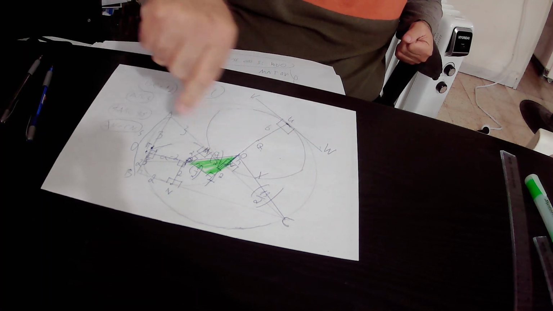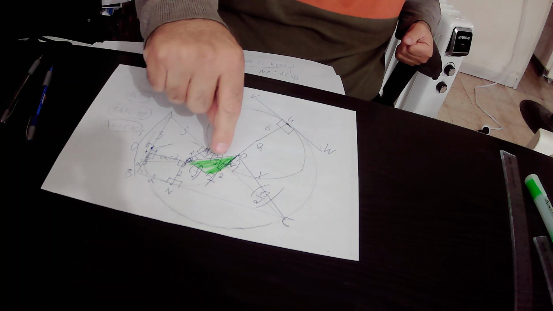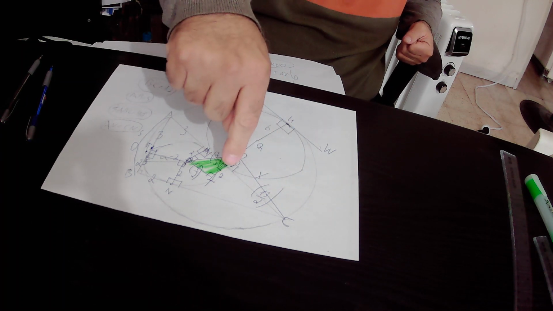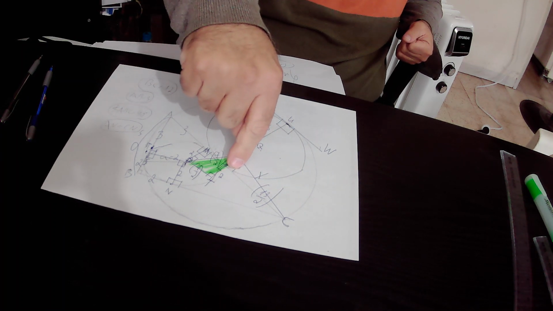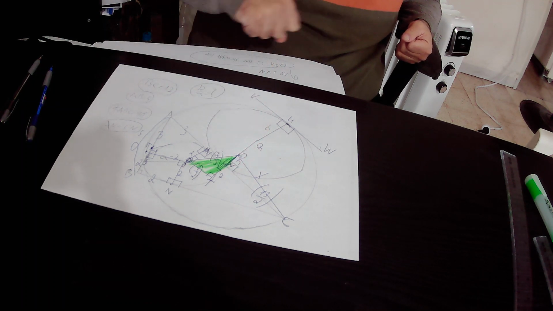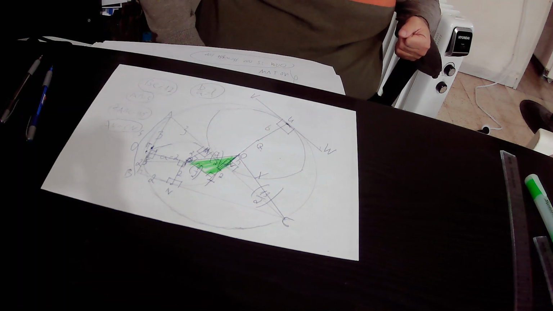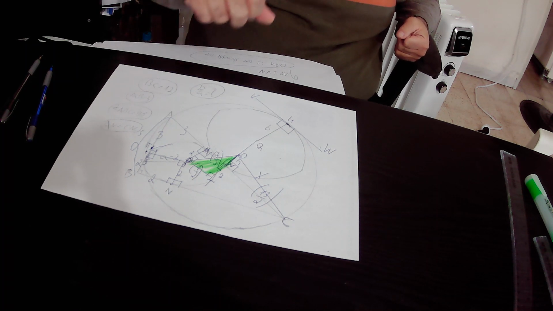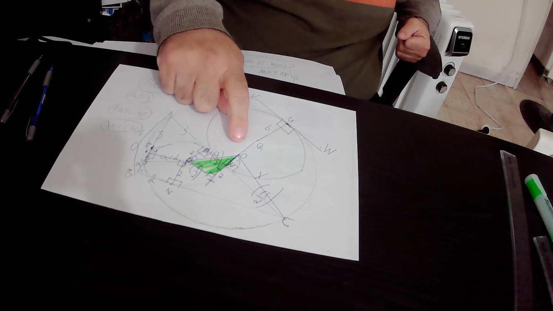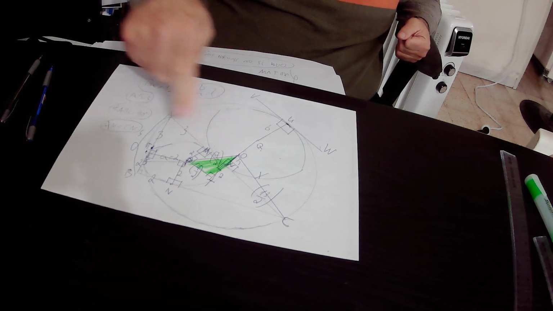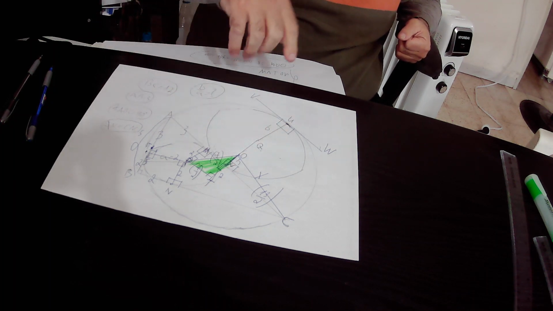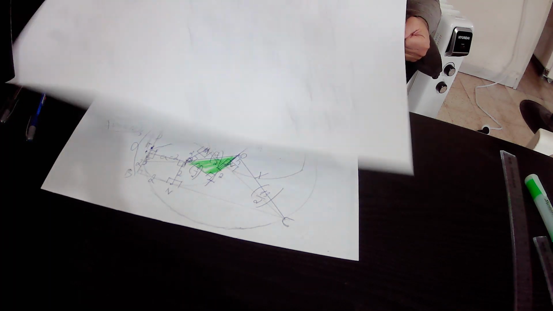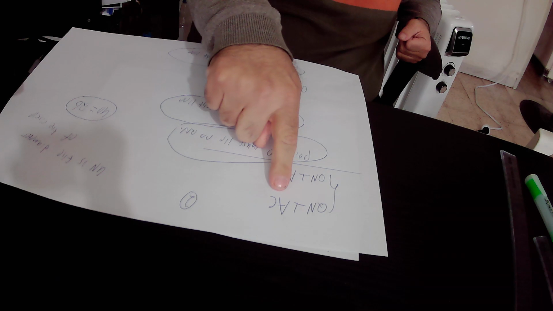If ON is perpendicular to AC, it means that this angle equals 90 degrees and this angle equals 90 degrees according to rule number 7. So according to rule number 7, ON is perpendicular to AC.